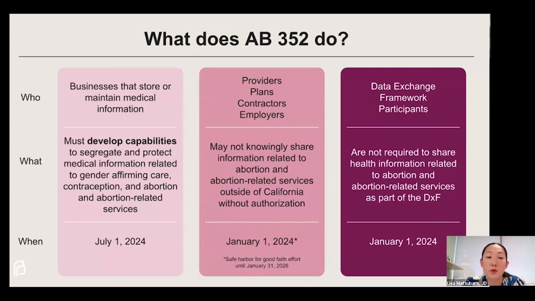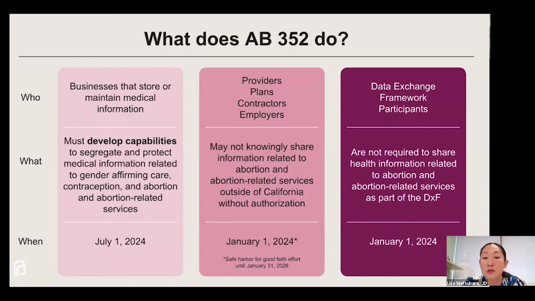The second one, and then related to that on the left, we wanted to make sure that the providers weren't left holding the bag in trying to comply with the law without any tools to do so. And so there is a provision that relates not to healthcare providers, but to vendors and businesses to develop technological capabilities to be able to segregate and protect this data. And this data is a little bit broader.